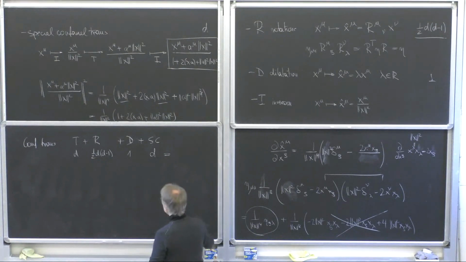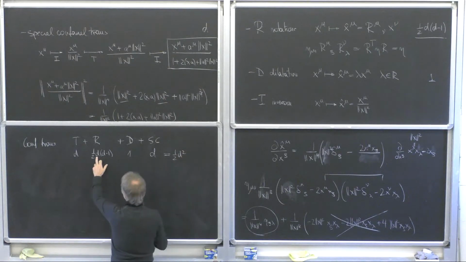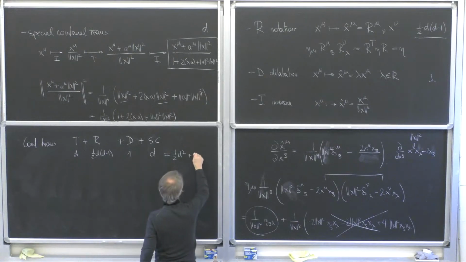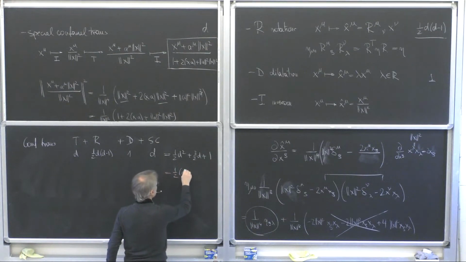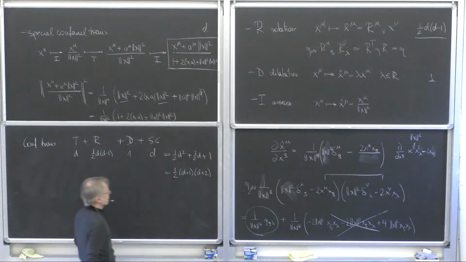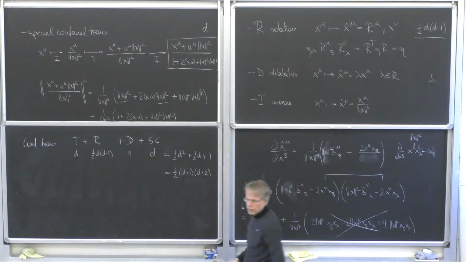So let's see what we get. We get a half times d squared. Then we get minus a half times d, plus d, plus d. So this is plus 3 over 2 times d, plus 1. And this is a half times d plus 1 times d plus 2. Right? Because it's a half d squared, then I get 3d over 2, and then I get 2 over 2, which is equal to 1.